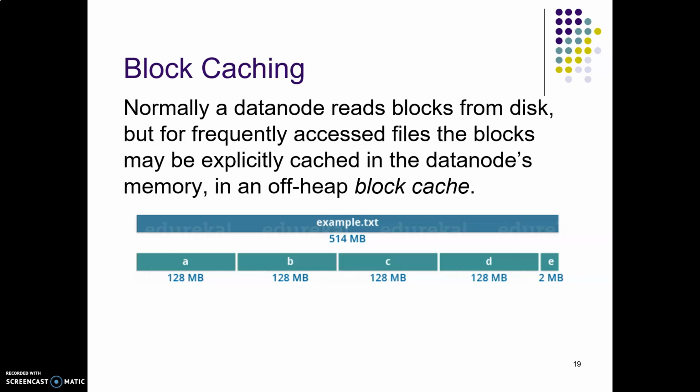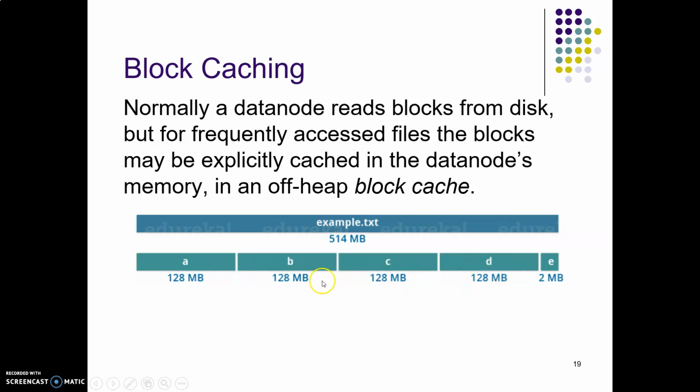So the small bulk of files are combined into multiple files, and if the files are greater than 128 MB, they are split into different 128 MB blocks, which is the default size of an HDFS block. Here we have one example of a TXT file which is 514 MB, and we can see it has been split into 5 different blocks.